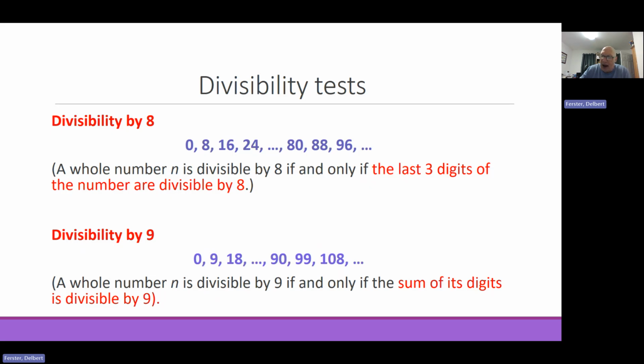And if 8 divides the last 3 digits of a number, then 8 will divide the given number as well. Divisibility by 9 is similar to the test for divisibility by 3. Again, we're going to add the digits. And if 9 divides the sum of the digits, then 9 will divide the number.